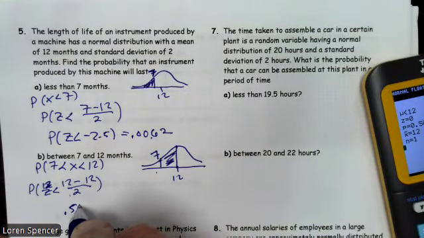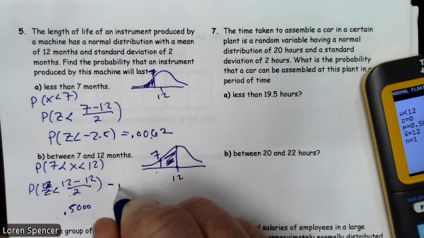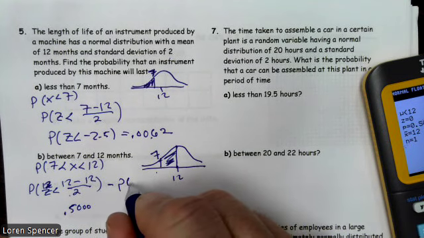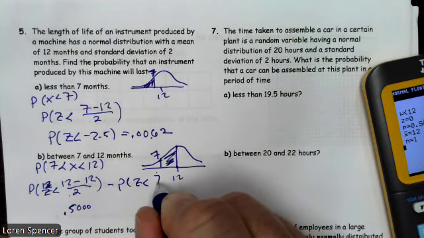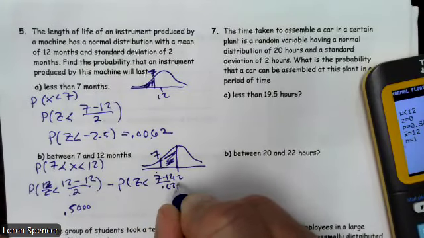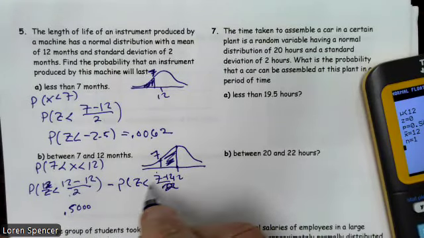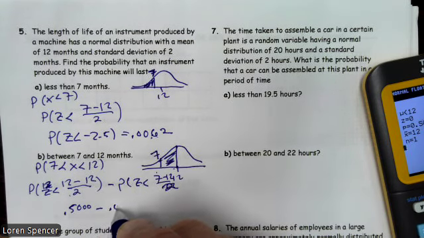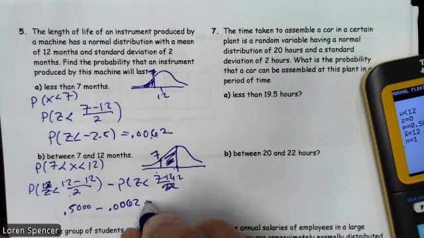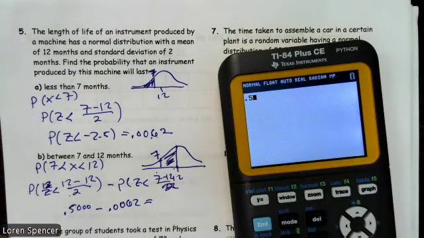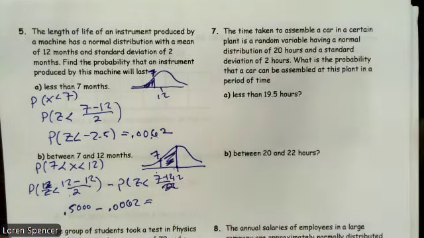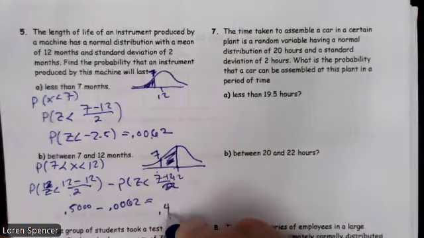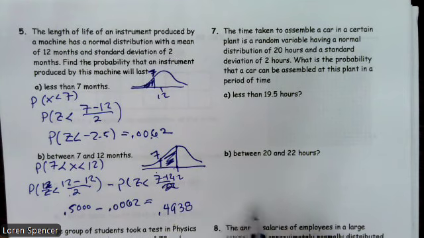So 0.5000 minus the probability that Z is less than 7 minus 12 over 2. And we know that's 0.0062 right here. So we can just subtract these out. 0.5 minus 0.0062 is 0.4938. From this point on, I'm going to use the shortcut just to speed this video up.